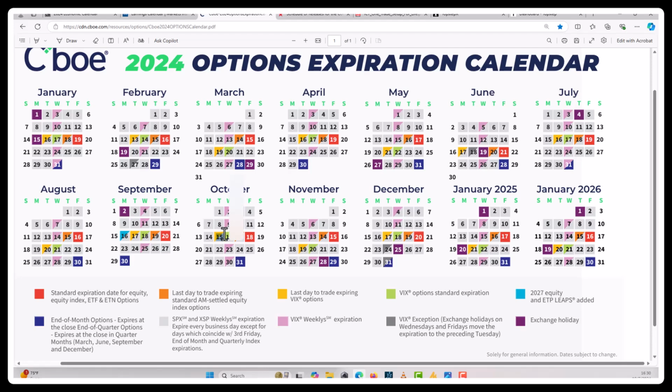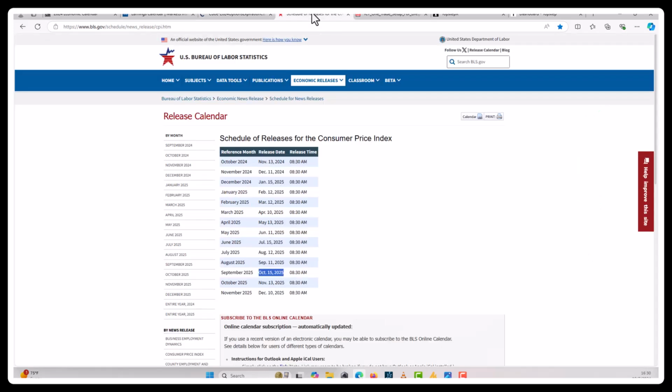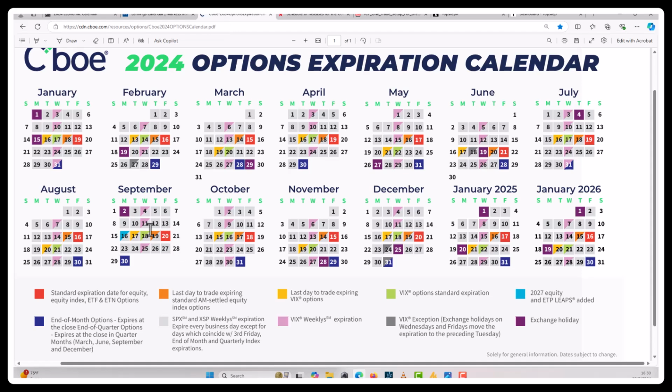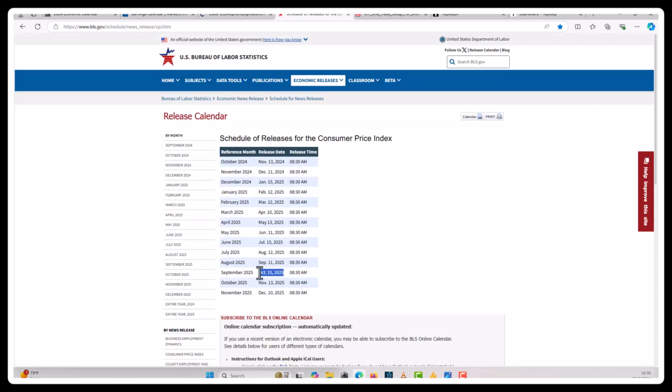Yeah, Tuesday. How come the CPI comes out on Tuesday? We thought it was going to be on Wednesday. September 11, yeah, Wednesday. But why this month does it come out on the 15th? Very strange.